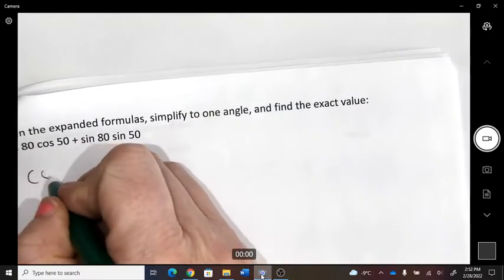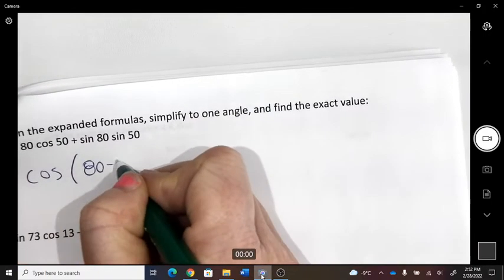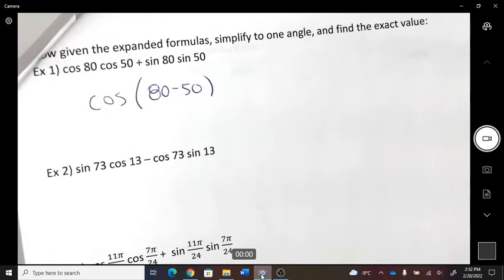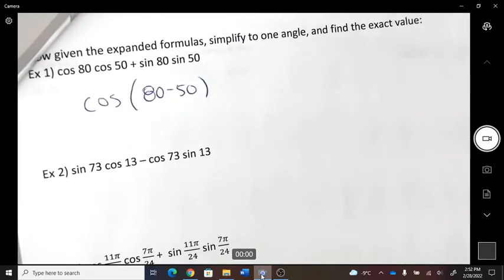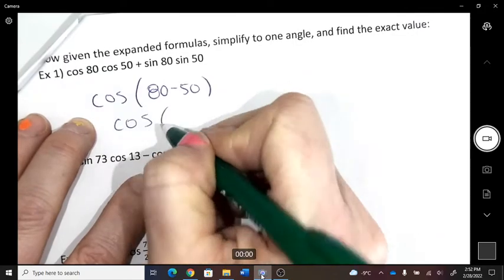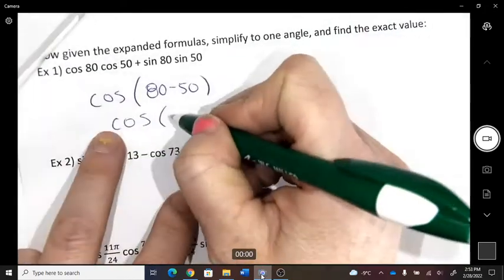So the cos of that. See how I'm kind of just working backwards of what we did, right? Okay. Now, what is 80 minus 50? 30.